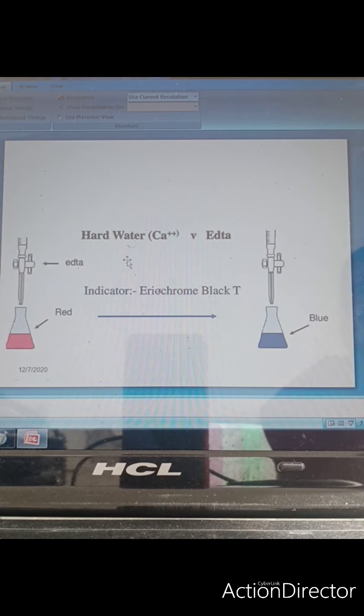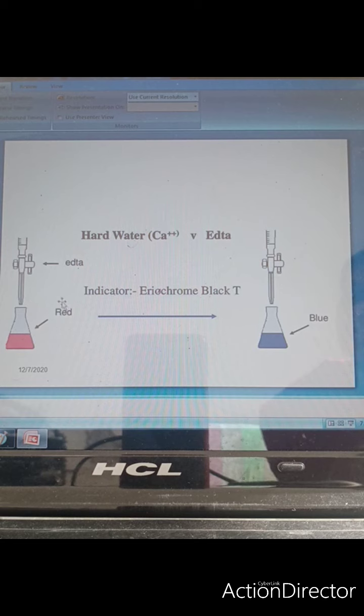This is the setup for the complexometric titration when we are finding out the hardness of water. In the burette, we will be taking the complexing agent, the standard solution of EDTA, and in the conical flask we will be taking the hard water sample. In that we are adding 2 to 3 drops of the complexing agent which is acting as an indicator.